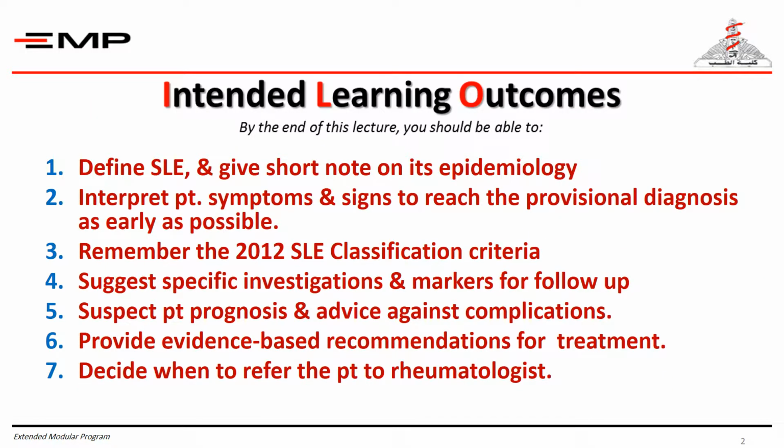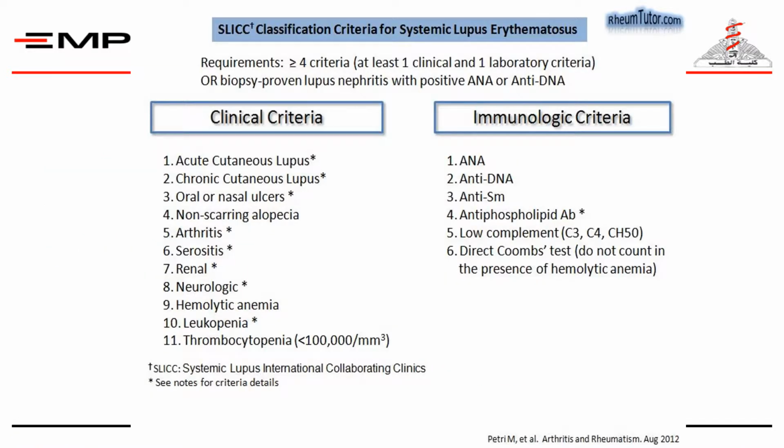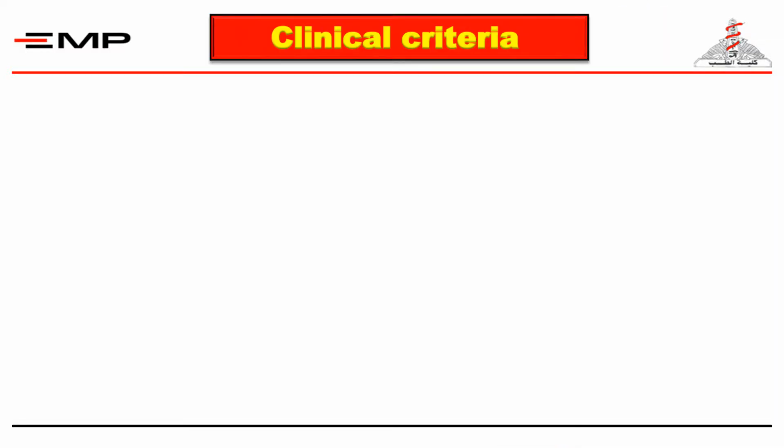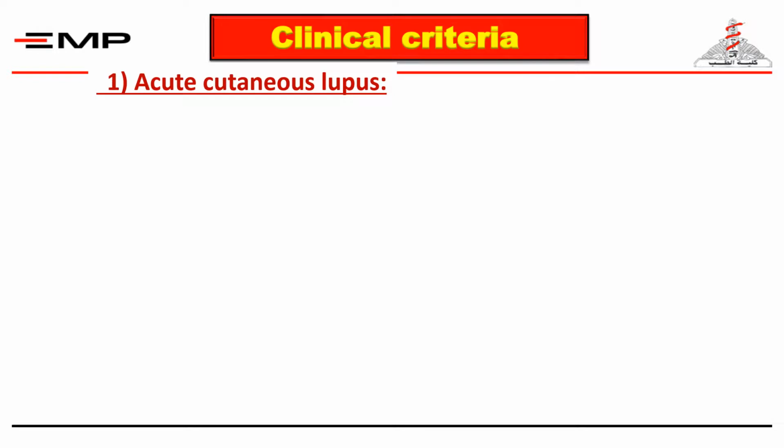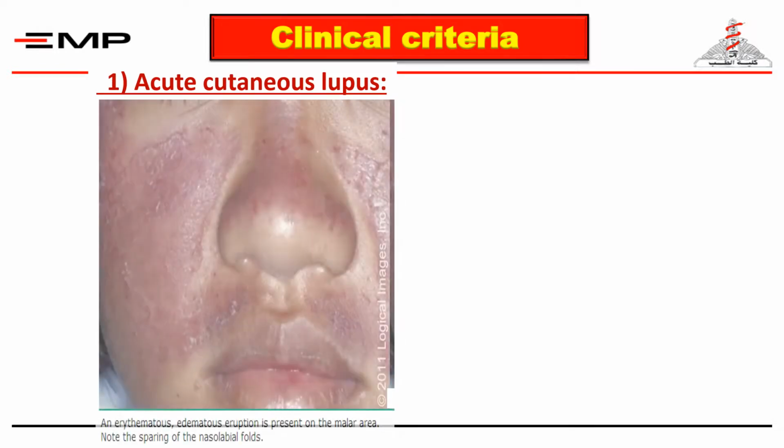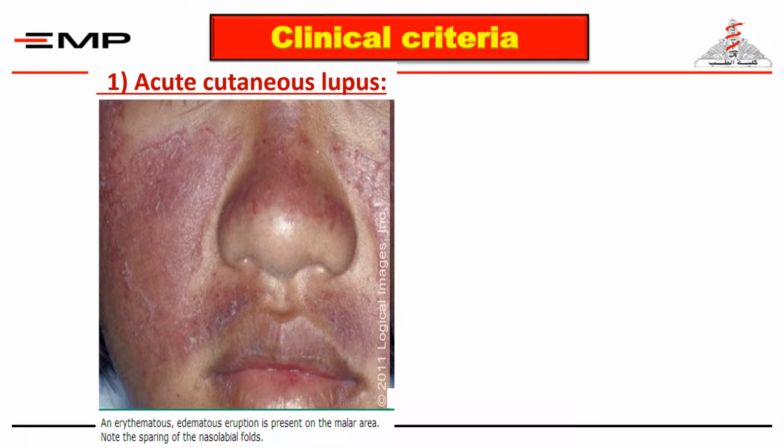This is the ILOs of the lecture if you want to revise. The clinical criteria: acute cutaneous lupus. This is an erythematous and edematous eruption present in the malar area, sparing the nasolabial fold bilaterally.